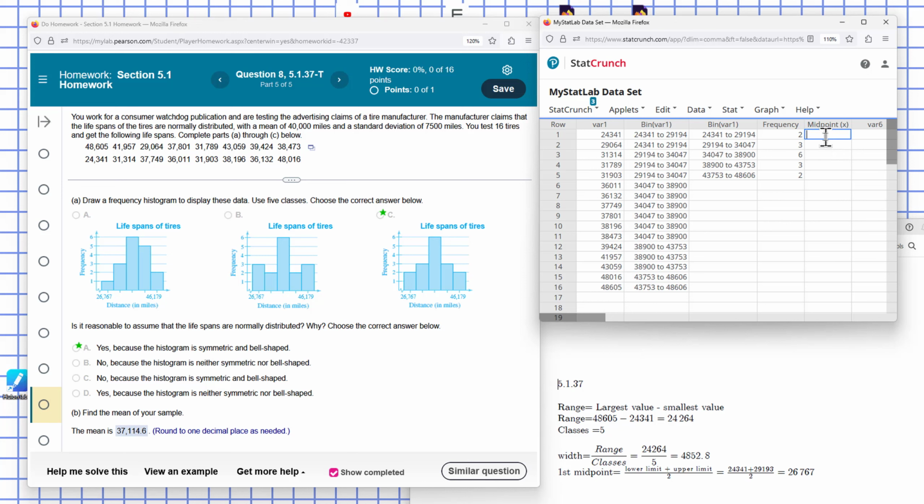So my first midpoint is 26767. That's my first midpoint. And since I know the width, I can just add that on to get the next midpoint after that.